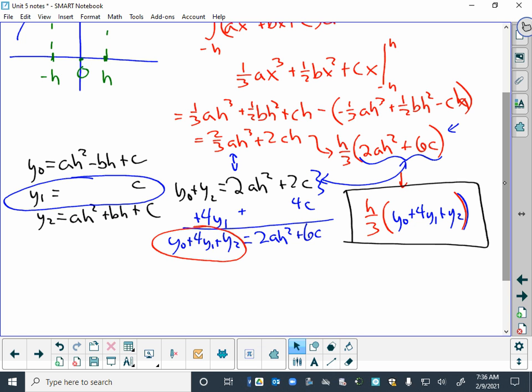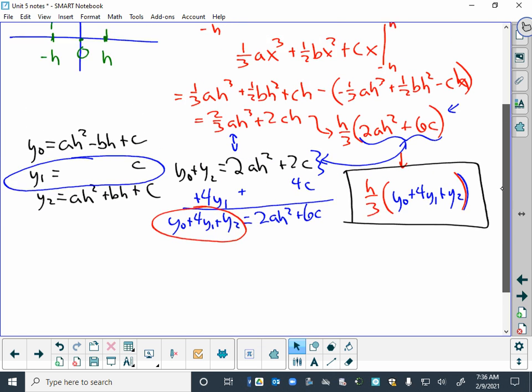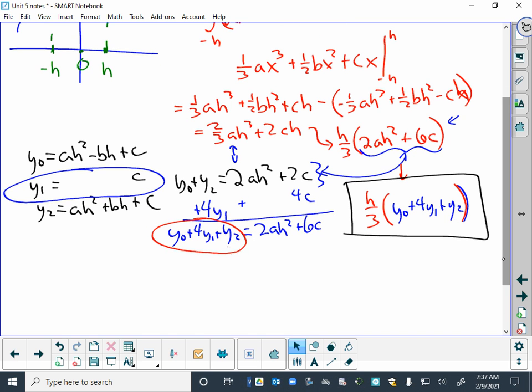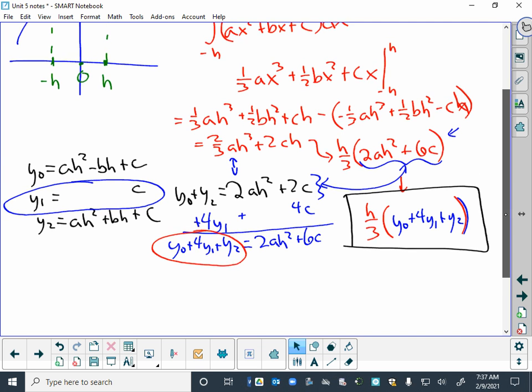So what do I need to have this happen? Well, I need to know 3 consecutive y values. When I was doing my Riemann sums or my trapezoid rule, I just needed 2 numbers. But since it takes 3 numbers to determine a parabola, I'm going to need 3 numbers here. And that's represented by the y0, the y1, and the y2.